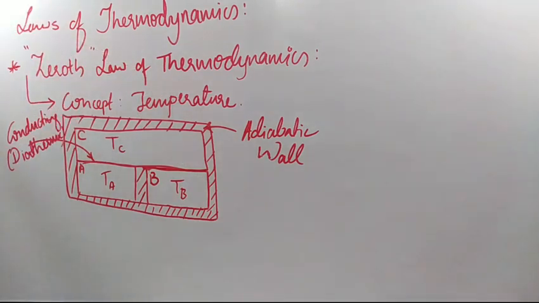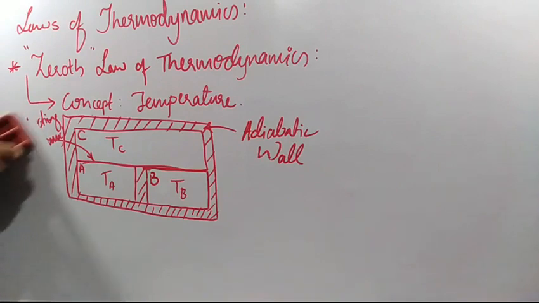Clear? So what all did you come to know today? Today we discussed what an insulated wall is, basically a non-conducting wall or adiabatic wall. Next, what is thermal equilibrium? Two objects are said to be in thermal equilibrium if they attain the same temperature.